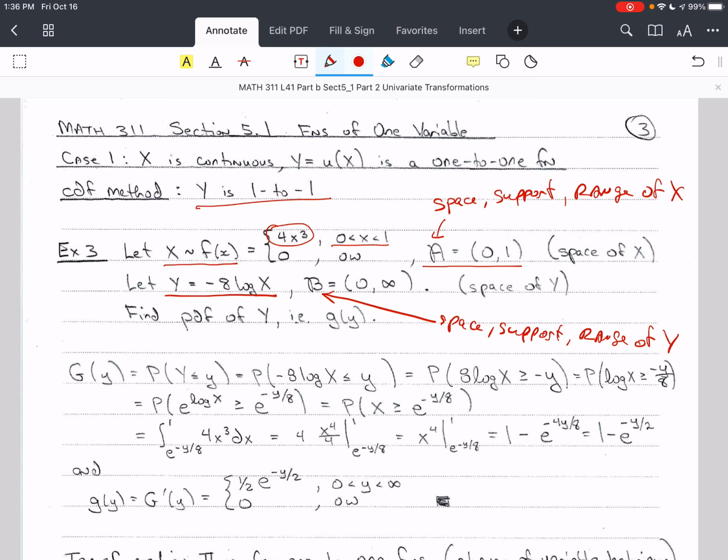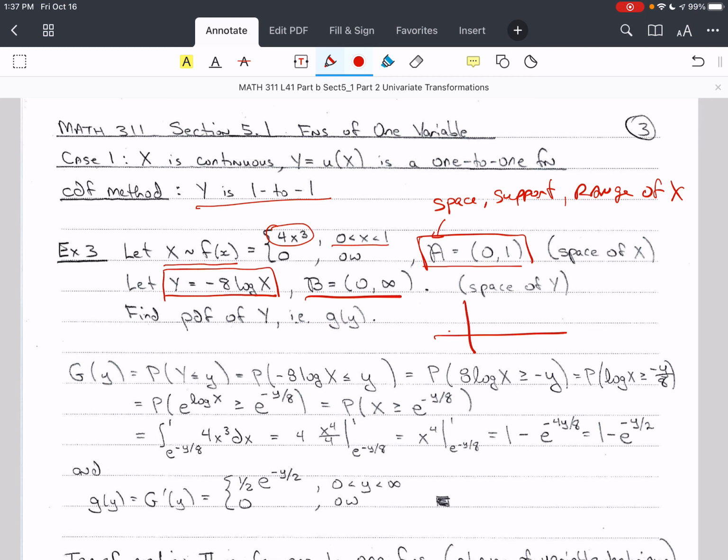Now, how we find this support or space or range of y, b is for y, is we look at the support of x and we make substitutions into our formula. So when x is 0, log of x would be negative infinity.